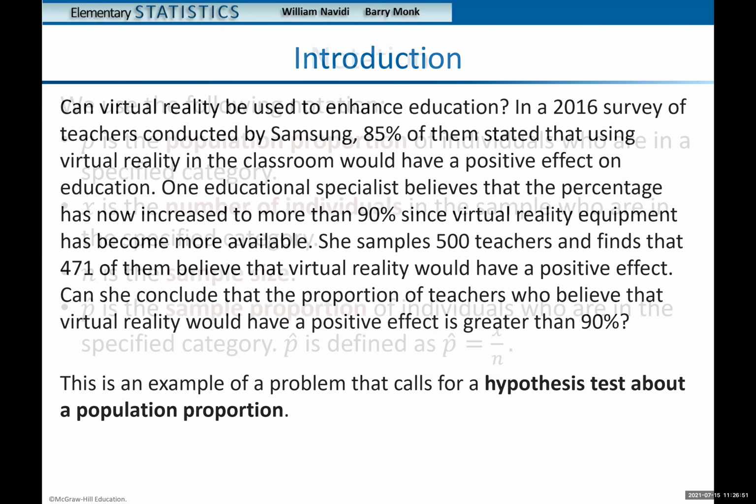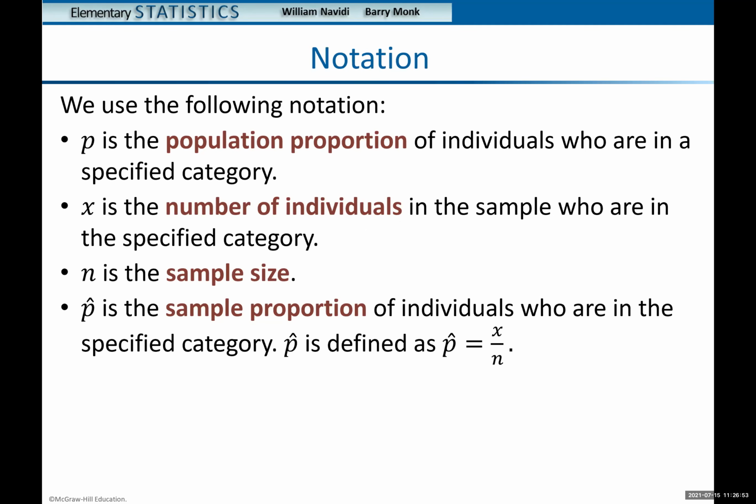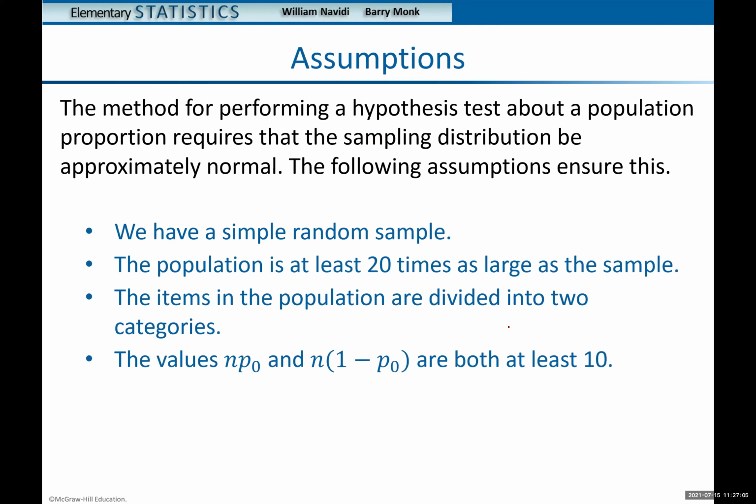Okay. Some notations, you don't need to copy this. These are exactly the same thing from 8.3. Your p, x, n, and p hat is x over n. You already know this. Assumptions are exactly the same as in 8.3 because they are related. We have a simple random sample. The population is at least 20 times larger than the sample, and you have the two categories, np and n times 1 minus p are both at least 10. Exactly the same thing.